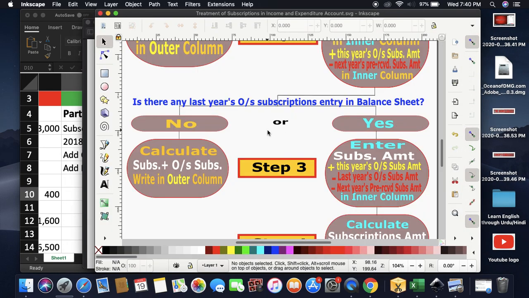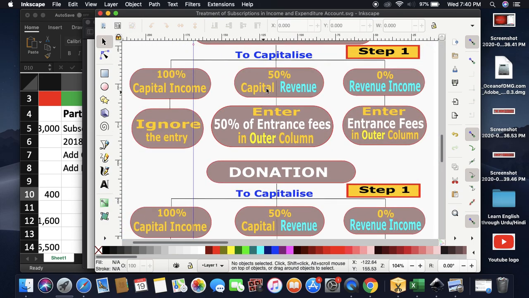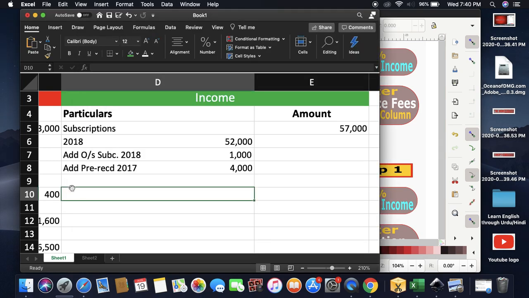Yeah, it's here. So let me show you. If they say 50% of capital, and obviously 50% becomes revenue. Enter 50% of entrance fees in the outer column. Whatever it is, calculate, and so let's do that.